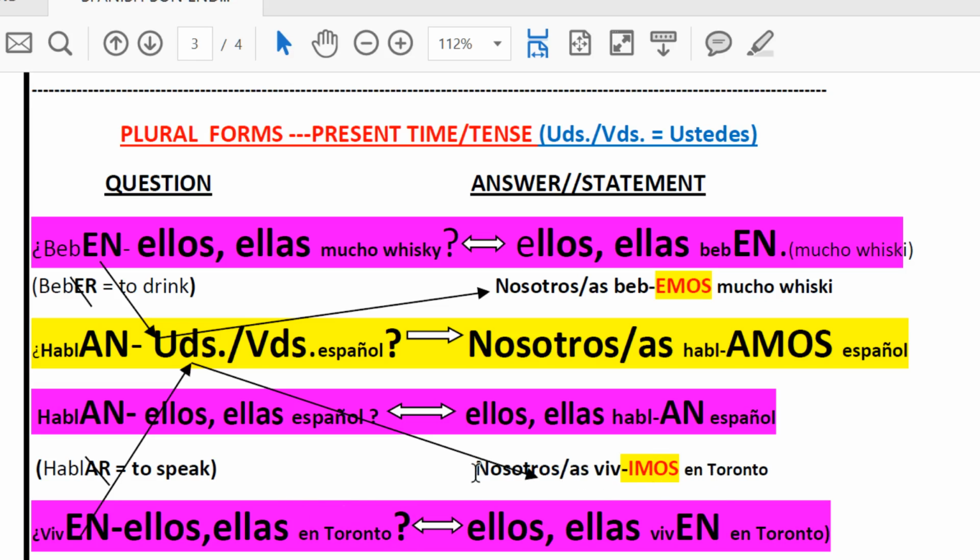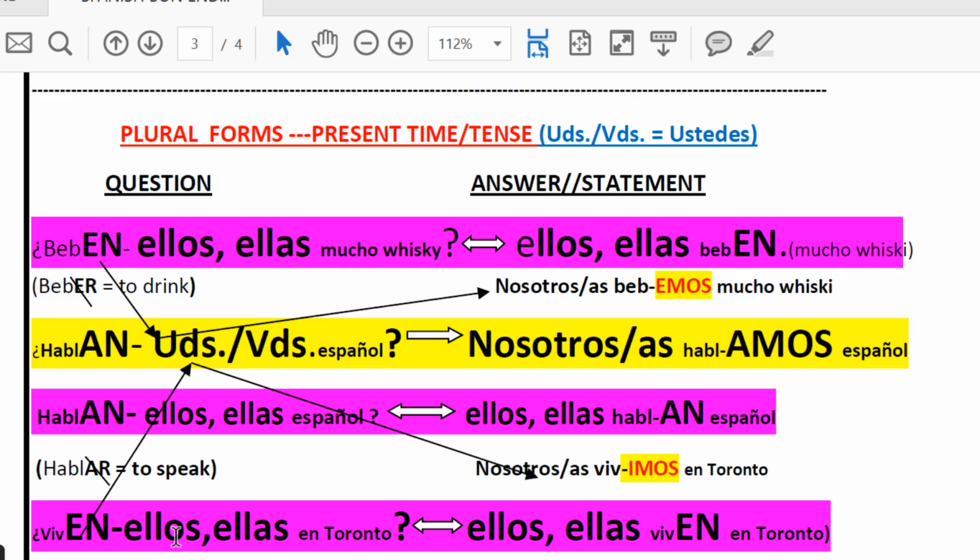Or for females you would say, nosotras vivimos en Toronto. Note the imos for vivir, and the emos for beber.